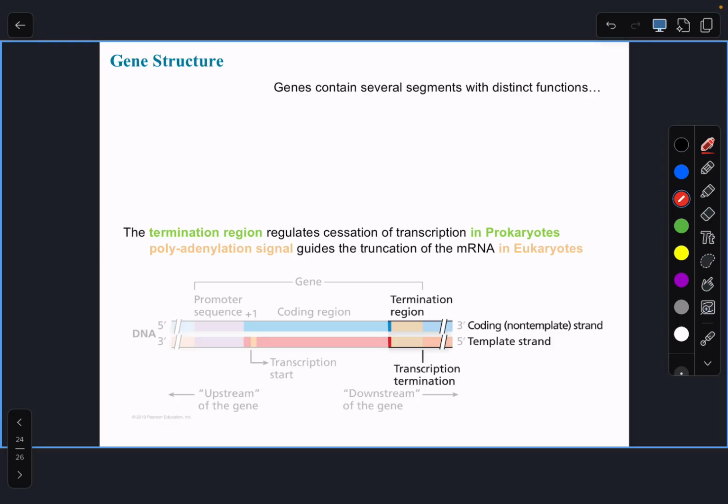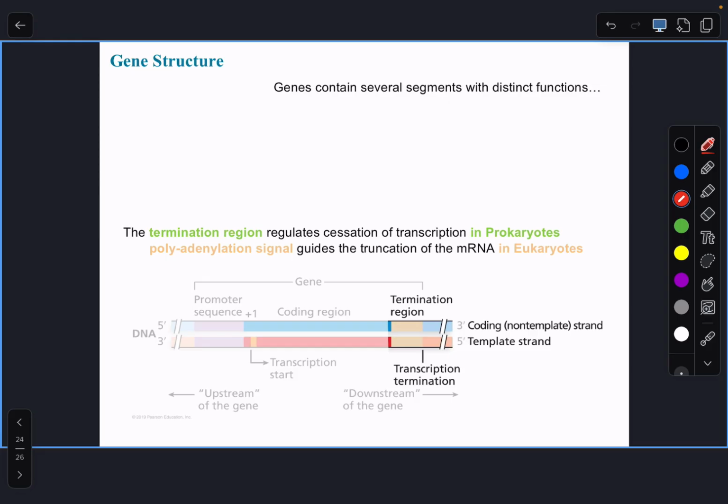It's a signal that gets transcribed into that primary RNA transcript, and that as part of that processing of the RNA that eukaryotic pre-mRNAs need to go through before they can become mature and be translated, as part of that processing, the cell recognizes that polyadenylation signal and knows that it should cut that primary transcript there at that position, and as part of a process, like almost an enzymatic reaction, except that it's a complex one, it will add a string of adenines to that 3' tail of the RNA.